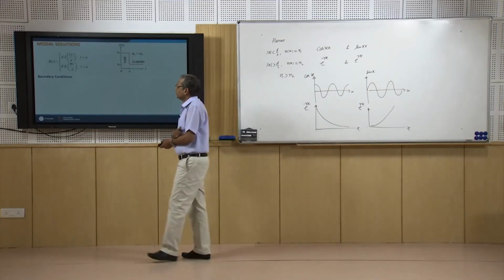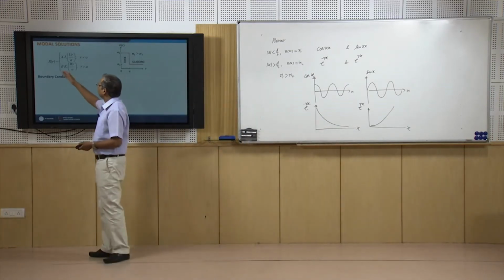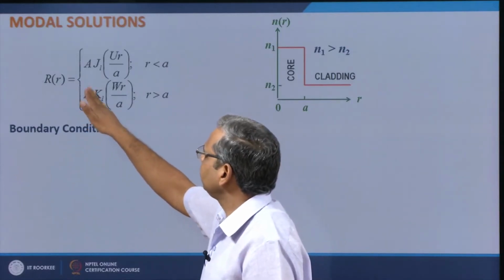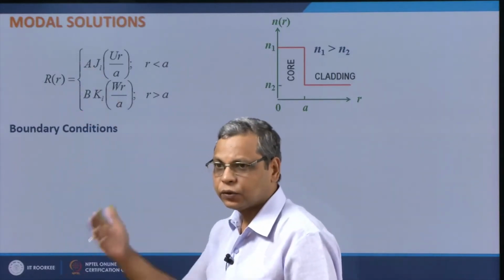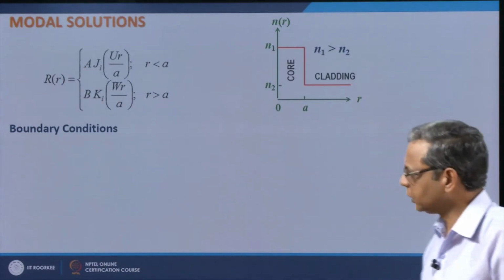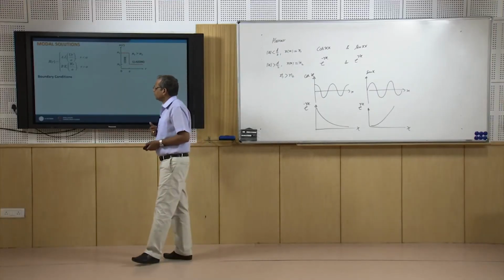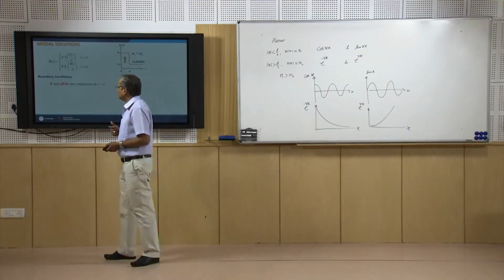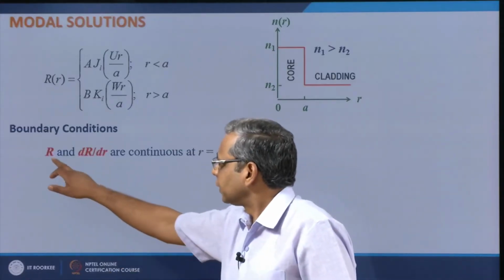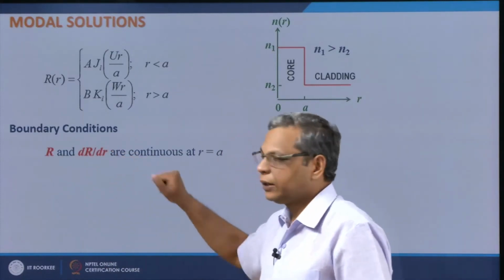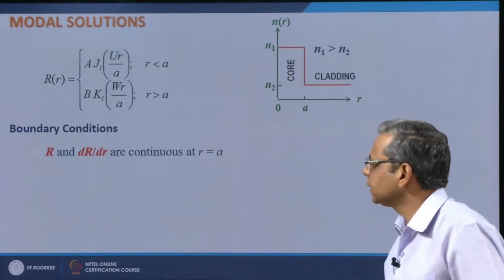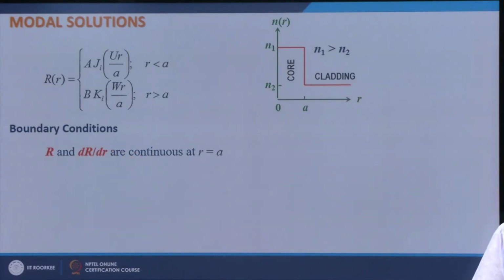The next thing is to find the relationship between B and A and to form a transcendental equation. For that I apply boundary conditions. What are the boundary conditions? The radial part R and dR/dr are continuous at r equal to a.